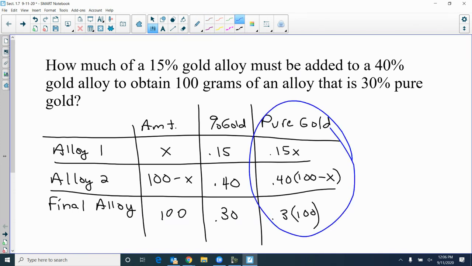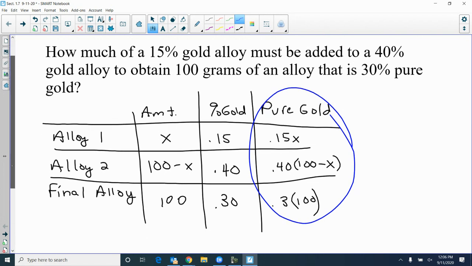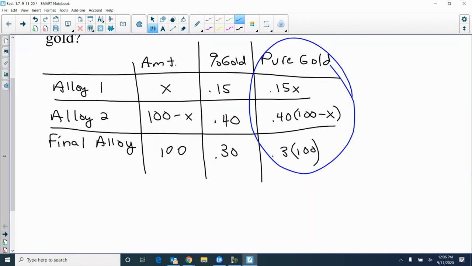So just take the first alloy, 0.15X, plus 0.40(100 minus X), equals 0.3 times 100, which would be 30 grams. Set that up, you're going to solve it, you're going to get X equals 40.